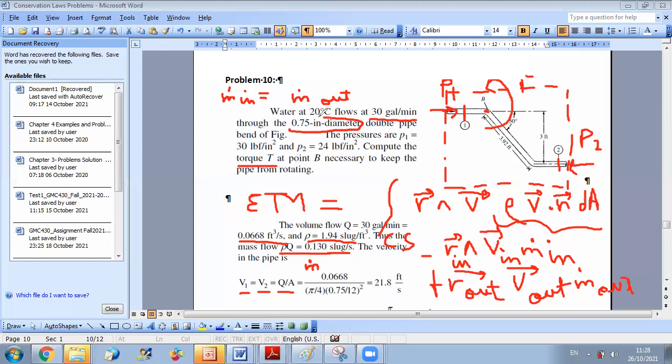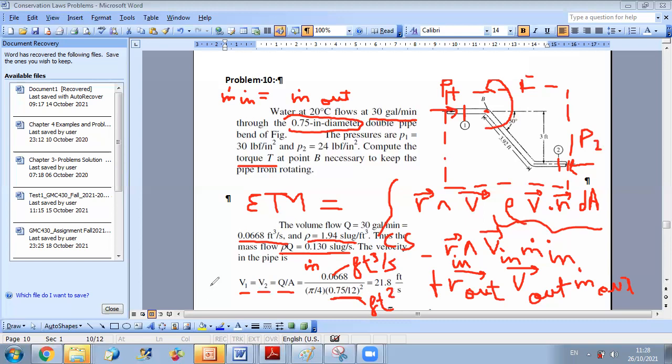Because it's in inches, we divide by 12 to convert to feet. And since Q is expressed in feet cubed per second, we should express the area in feet squared. By doing so, we can calculate the value of velocity in feet per second.